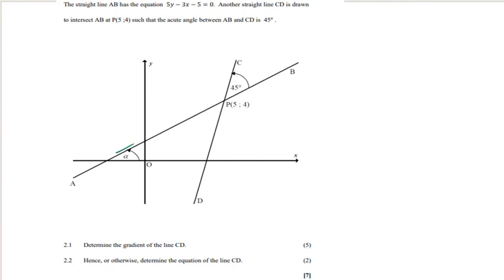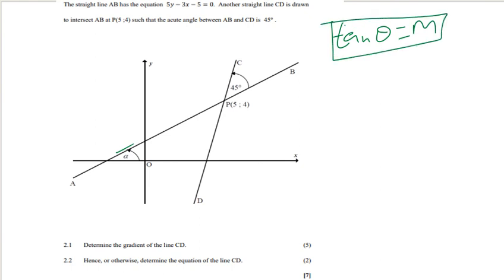So here we want to determine the gradient of the line CD. They want us to find the gradient of this line. How can we do that? Remember that tan theta is equal to m, but we can only use this formula if and only if we have this angle here, or we have this angle here, or else we cannot use it.